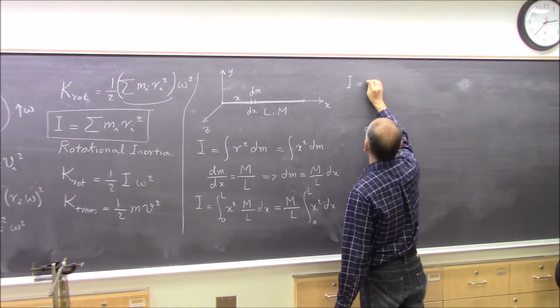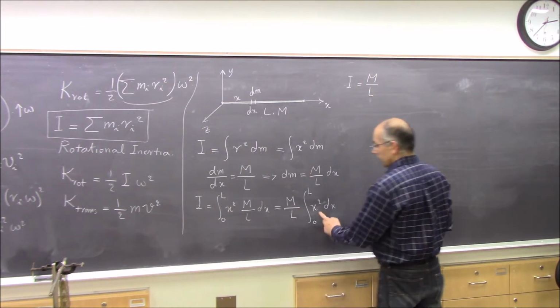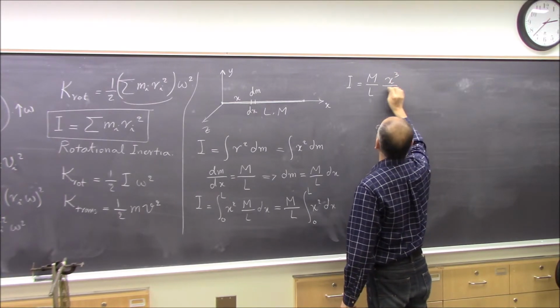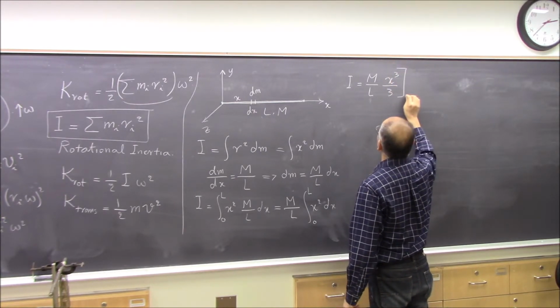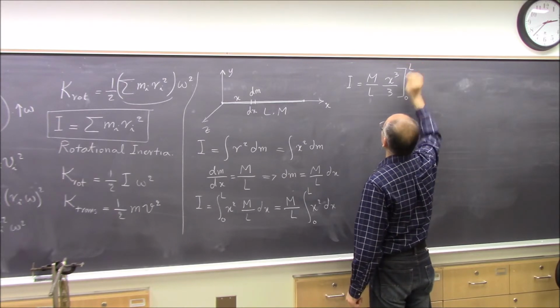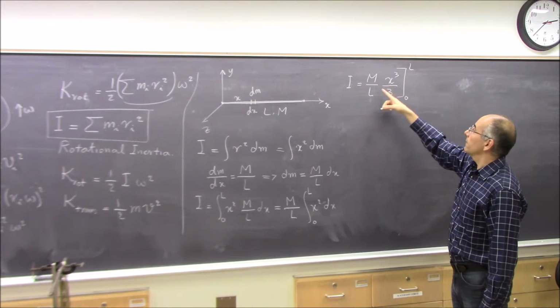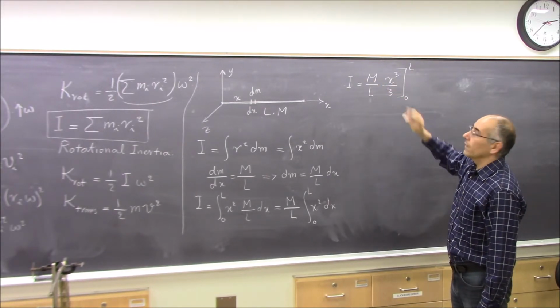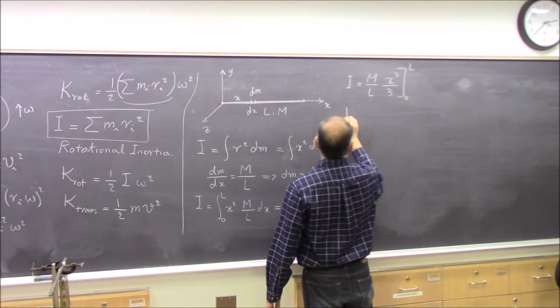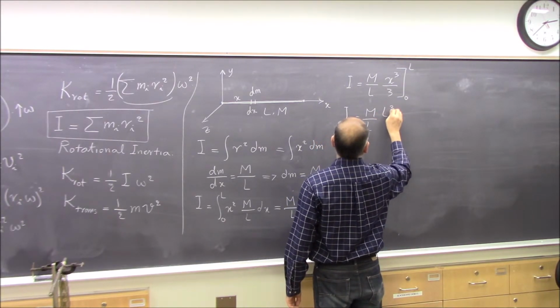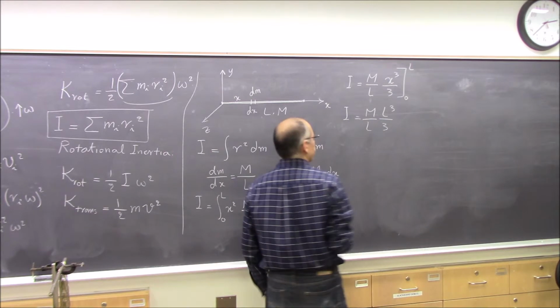M over L, what is the integral of x squared? x cubed over 3, evaluated at x from 0 to L. If I put 0, I get 0, but if I put L, I get M over L, L cubed divided by 3, right? So I becomes M over L, L cubed divided by 3, but one of the L's cancel.